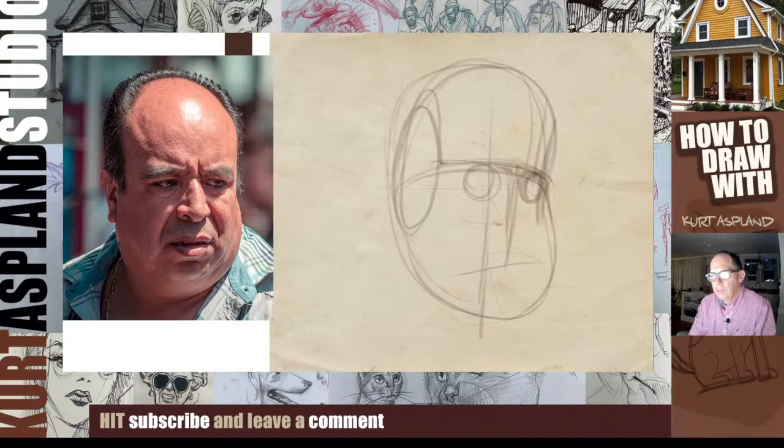And let's get his nose in here now. Okay. Let's get the corners of his mouth. I'm looking for his pupil here. Dropping down a straight line.